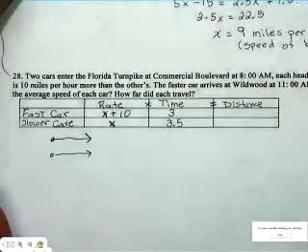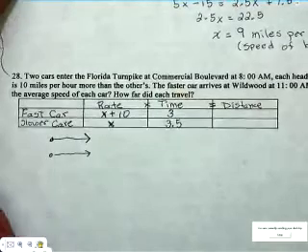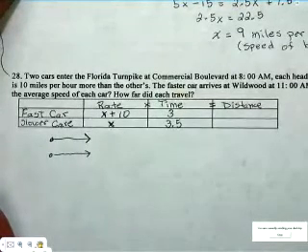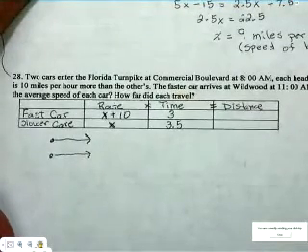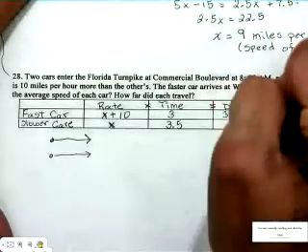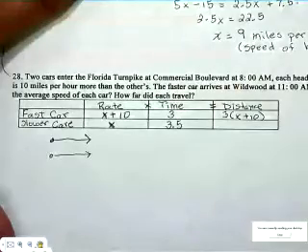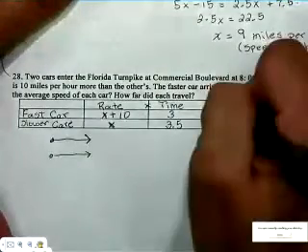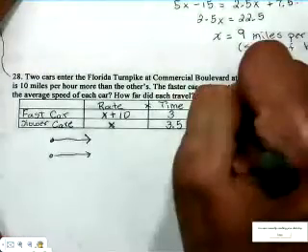What's the total distance traveled by the fast car? 3 times X plus 10. Total distance traveled by the slower car? 3.5X.